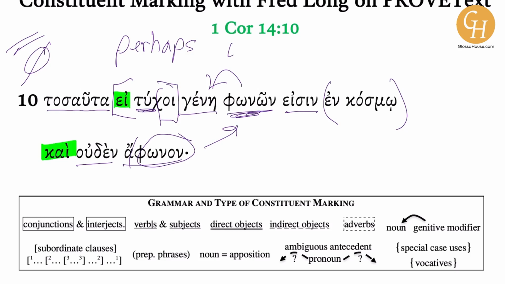None are voiceless. It's not just voiceless, but none are without significance, I think is the best way. So ouden, there's a null verb here. It's understood. It's working with an implied estin. None are without significance, something like that. So yeah, this is a verbless clause, but we can resupply it.